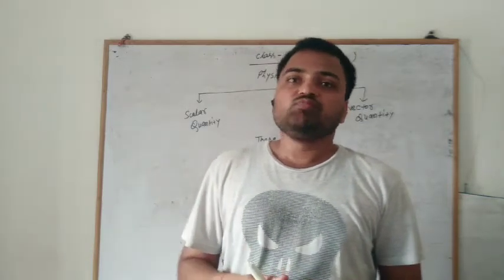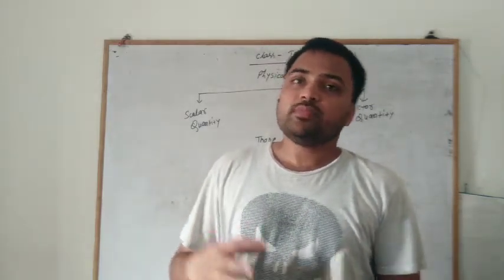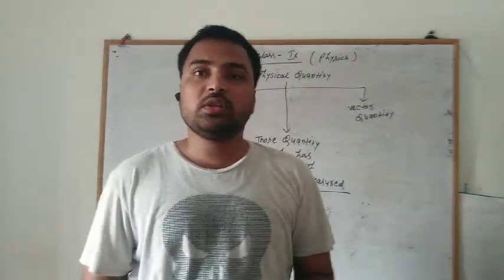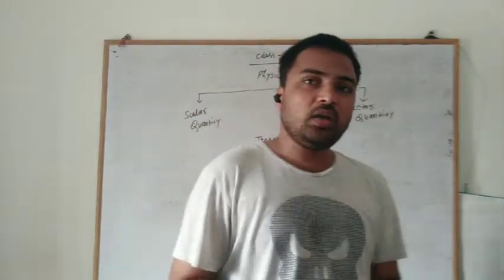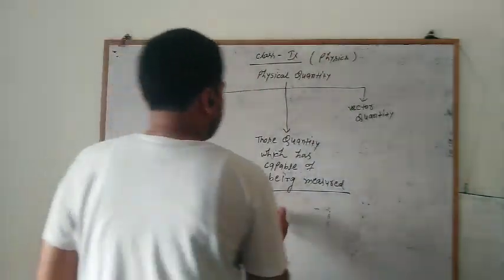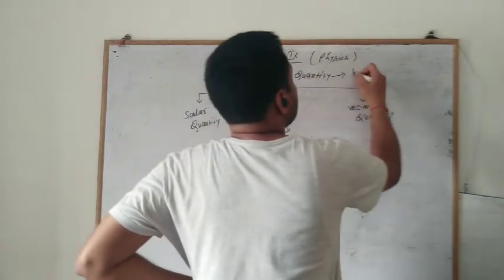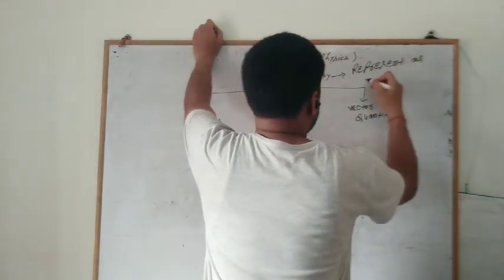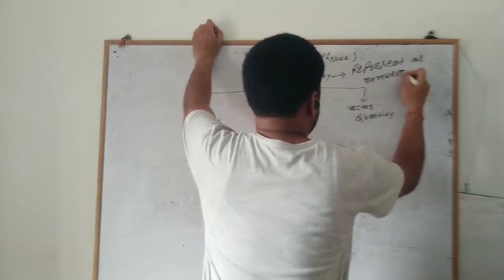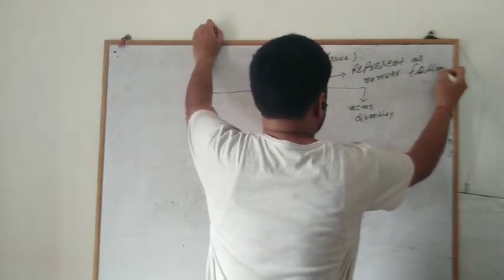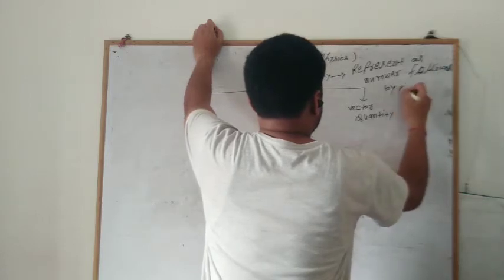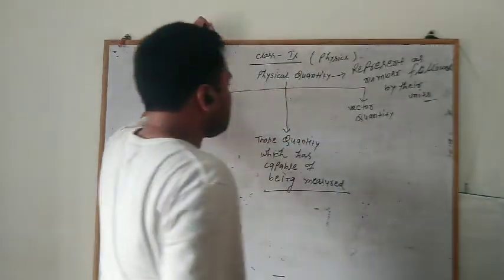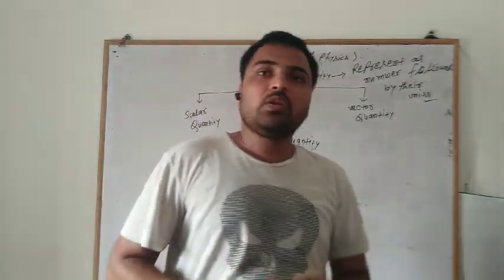So basically physical quantities are those quantities which can be measured, and a physical quantity will always be represented as a number followed by its units. So this is a physical quantity.